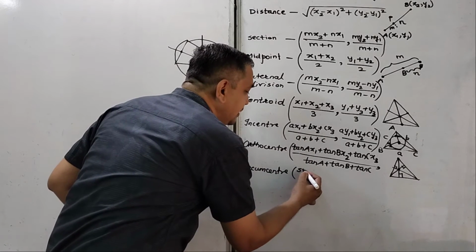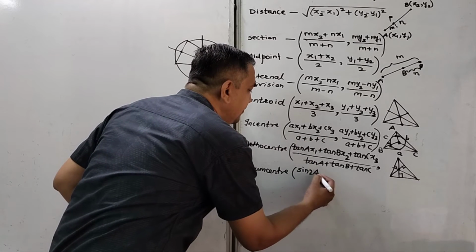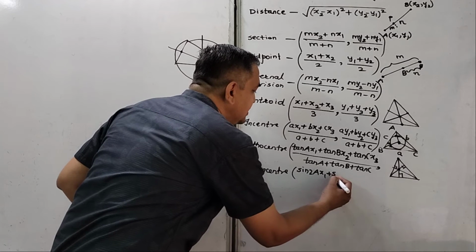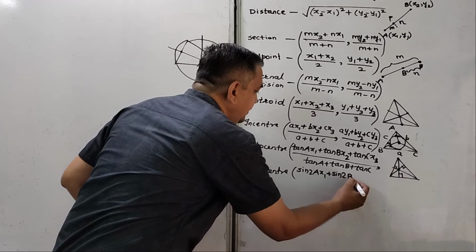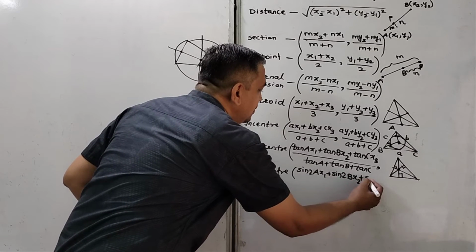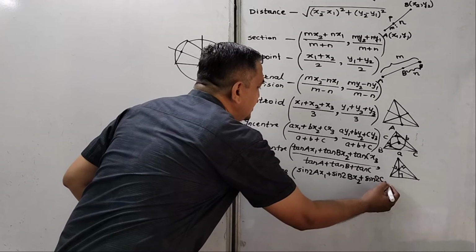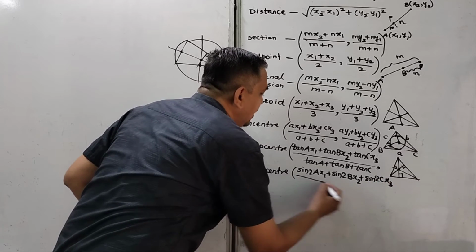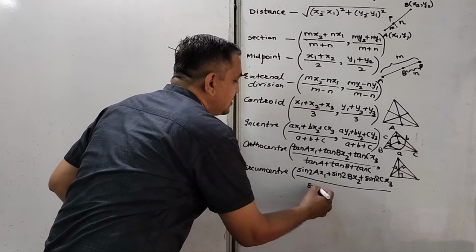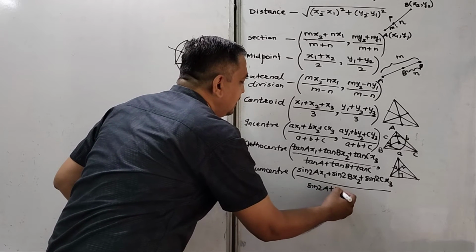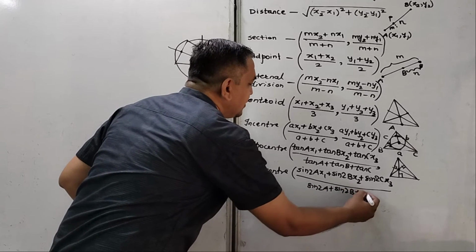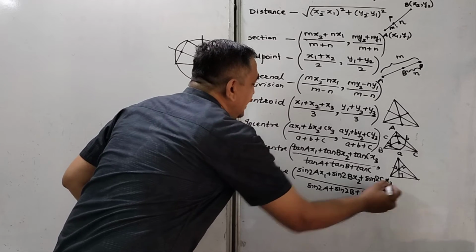we have to write sin 2A into x1 plus sin 2B into x2 plus sin 2C into x3 upon sin 2A plus sin 2B plus sin 2C.